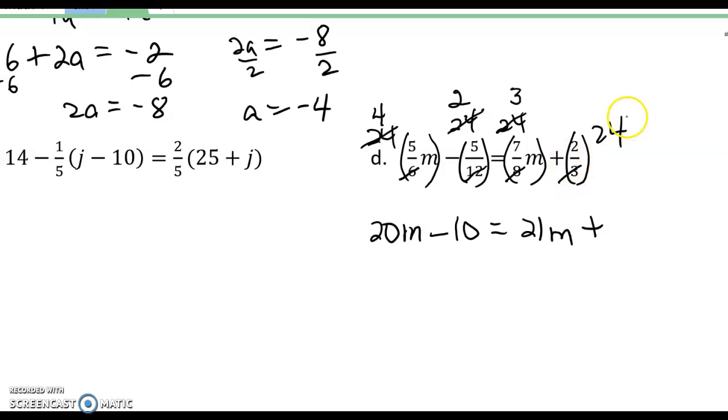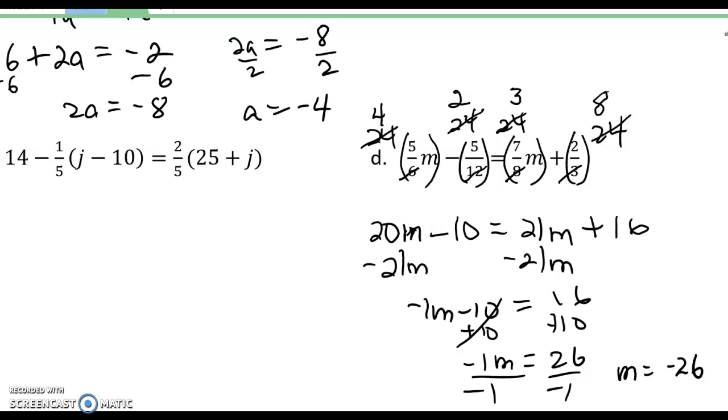I'm going to divide 3 into 24. I got my leftovers up top, and that leftover is an 8. 8 times 2 is 16. Again, we want to make sure we're picking the right numbers to multiply by. All right, we solve for m. We get m is equal to -26.